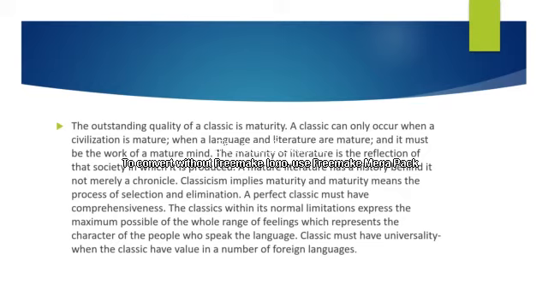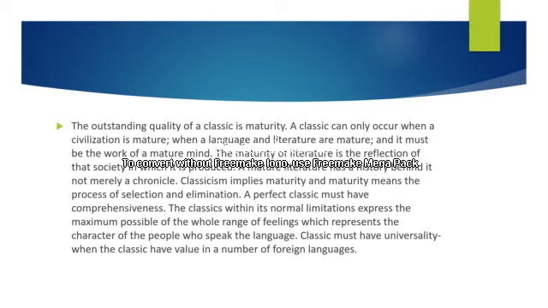A classic can only occur when a civilization is mature, when a language and literature are mature, and it must be the work of a mature mind or a mature writer.